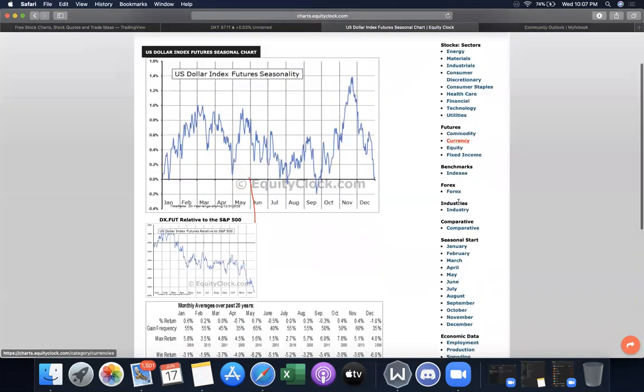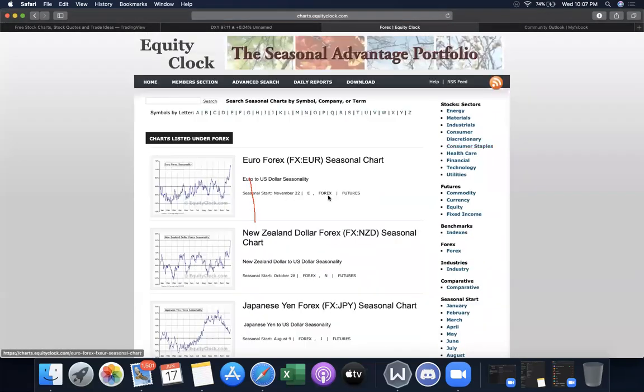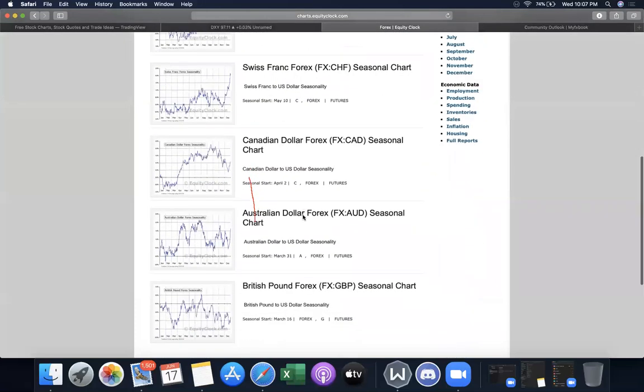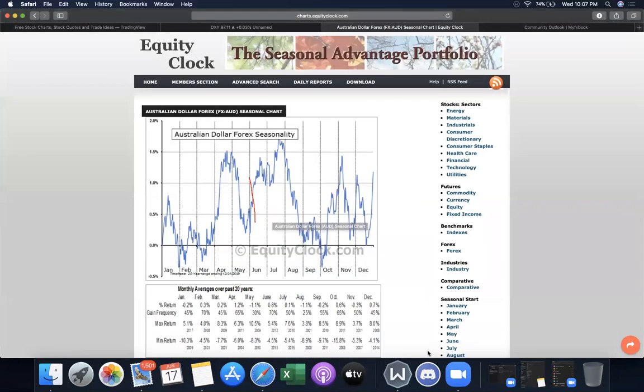But let's go look at Australian dollar to USD. So that would be under Forex. And right here, we're going to look at this chart here. Let me clear the drawing here. All right. So right around June, we have super bullish.